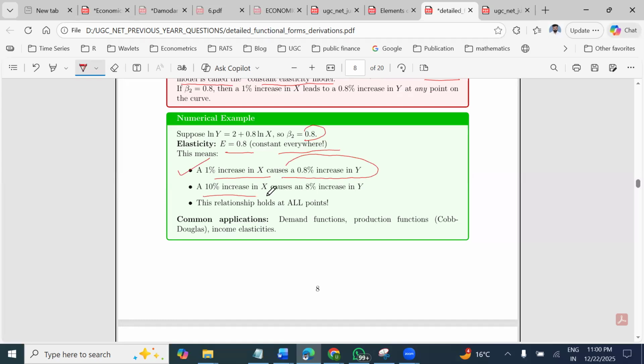A 10% increase in x will cause an 8% increase in y. We have just multiplied 10 on both sides. Clear? This relationship holds at all points. Now we apply it in the demand function, production function, especially the Cobb-Douglas function, and income elasticity.